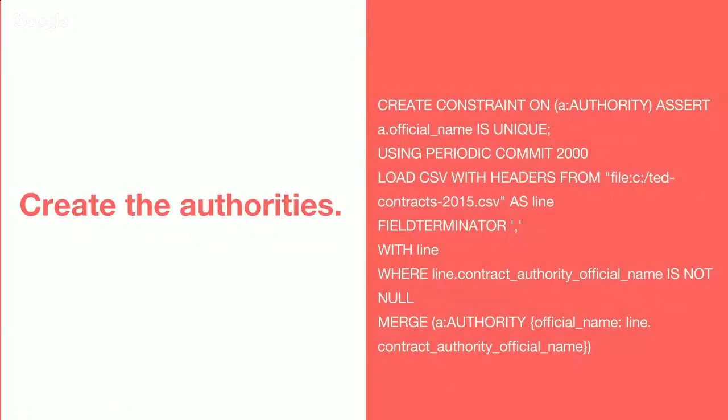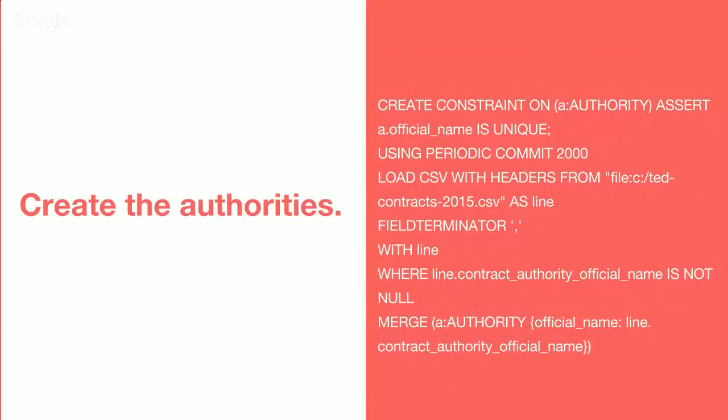So let's say that in line 1 we look at the column contract authority official name, and we see the value Acme Corporation. We will create an authority with the official name Acme Corporation.